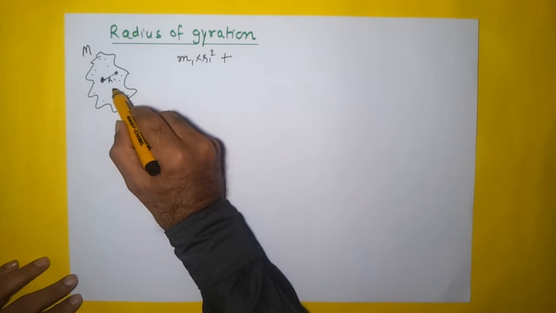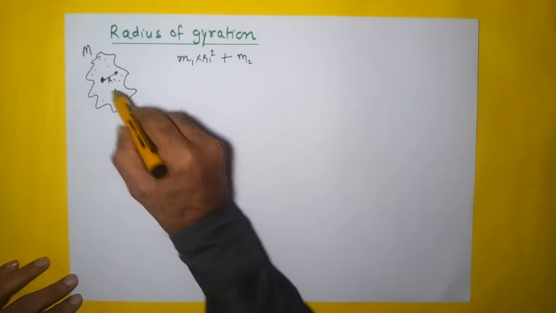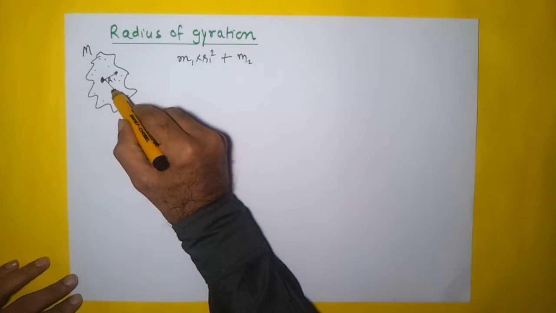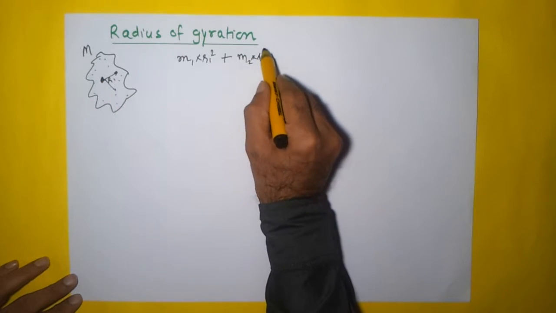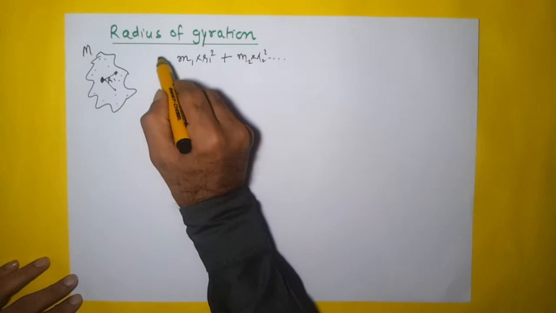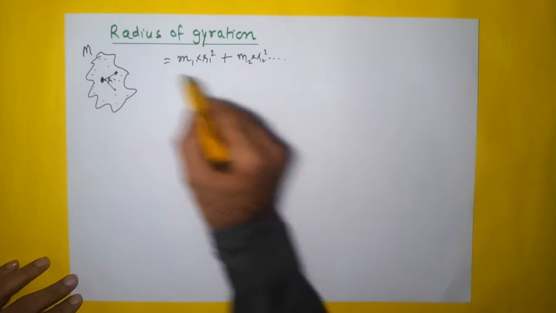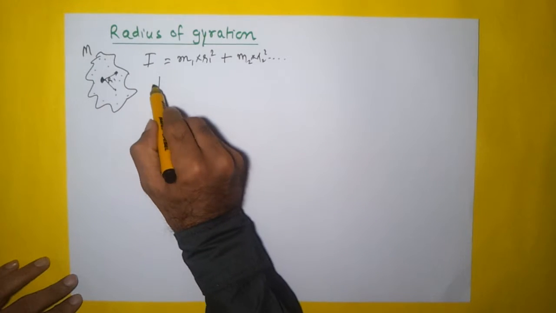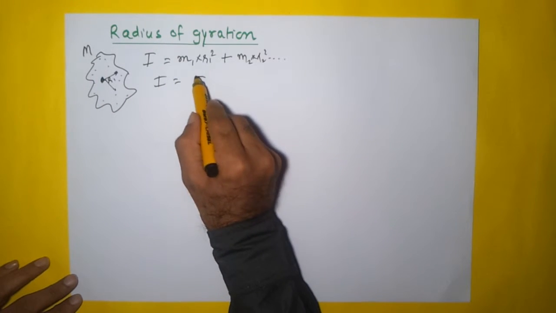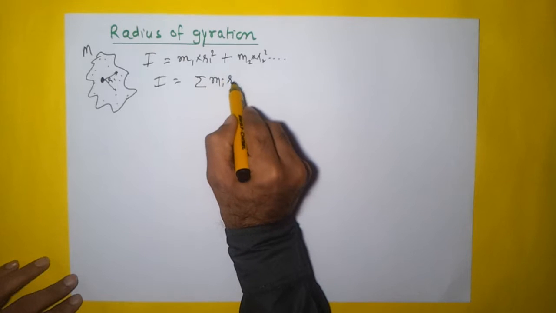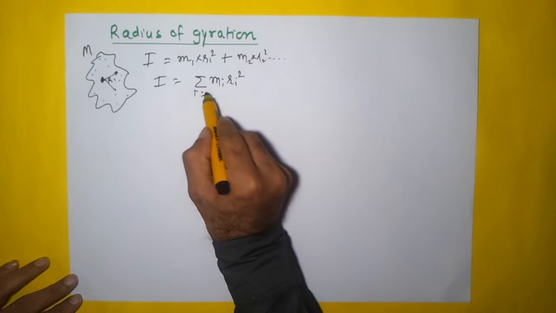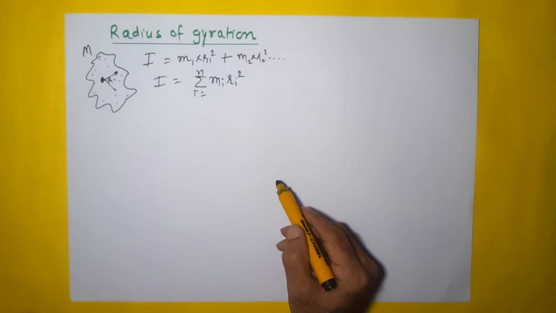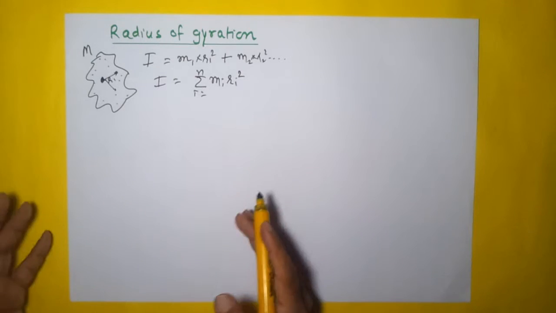Then I take particle number 2 of mass m2, its distance r2 square, and so on and so forth. This sum gives me the moment of inertia of this body. In other words, I write I as sigma of mi ri square, i equal to 1 to n. This is what we discussed in the previous video.